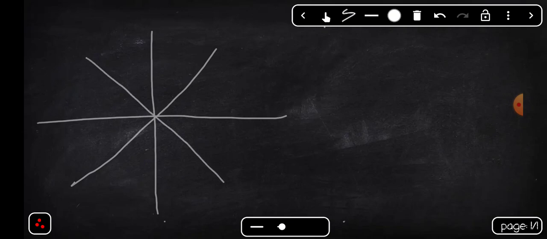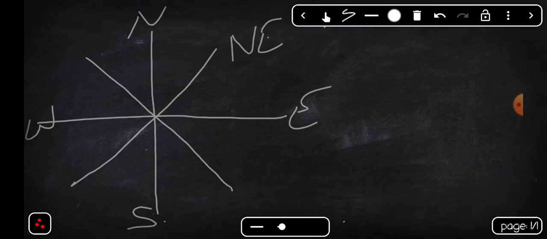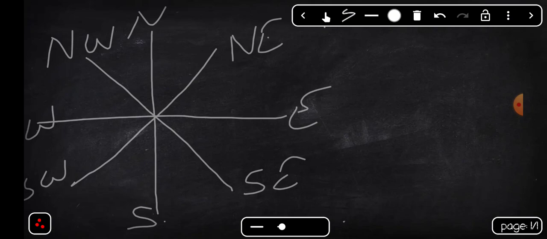We can draw the picture of the directions. I have already told you, it is north, south, east, and west. North and east is northeast, south and east is southeast, south and west is southwest, and north and west is northwest. This is the real picture of the directions.